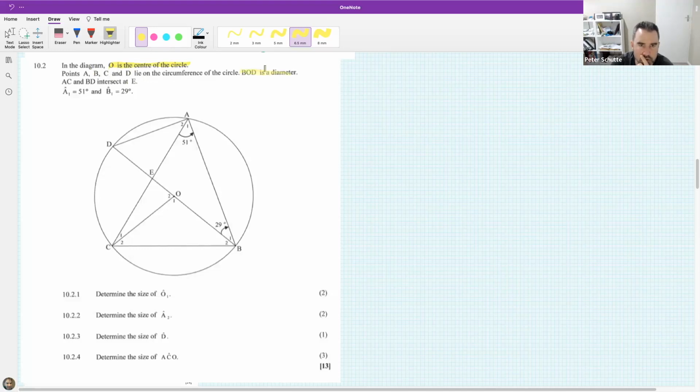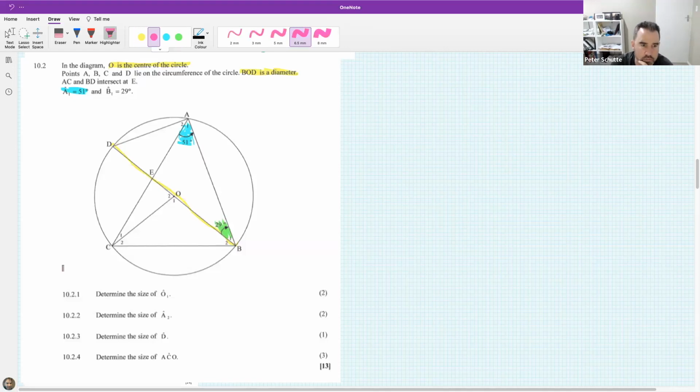We know that BOD is a diameter. We also know that A1 is 51, which is here, and B1 is 29, which is down here.